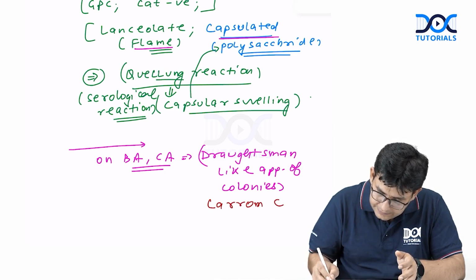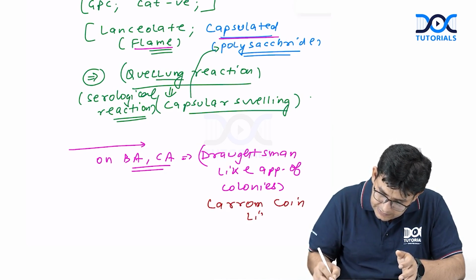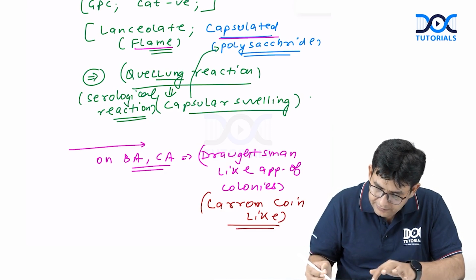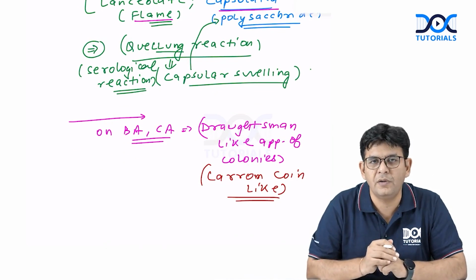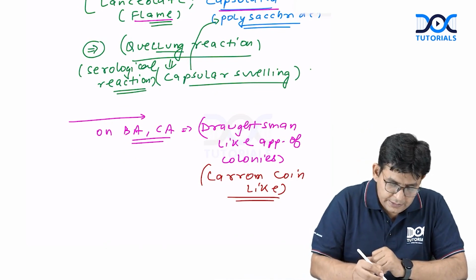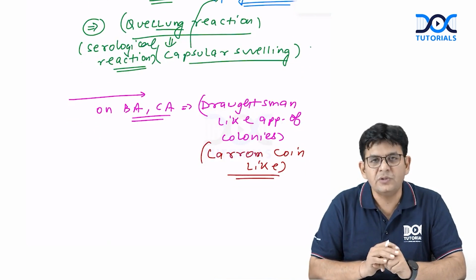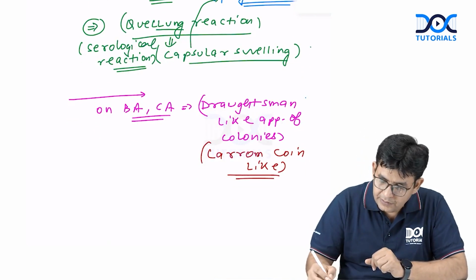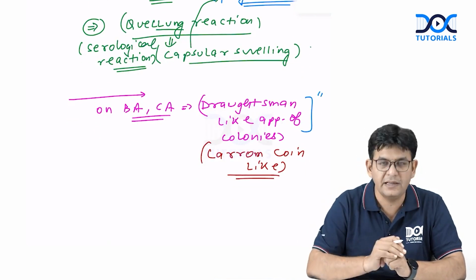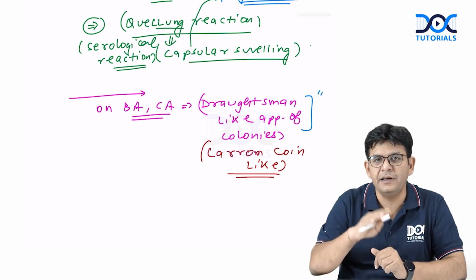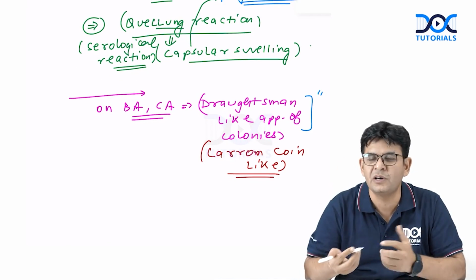Carom coin-like. Carom coin-like or draughtsman-like appearance. Okay, so this also needs to be remembered regarding the colony shapes of it. It looks like a carom coin, somewhere depressed, somewhere elevated. That is what is termed as draughtsman-like appearance.